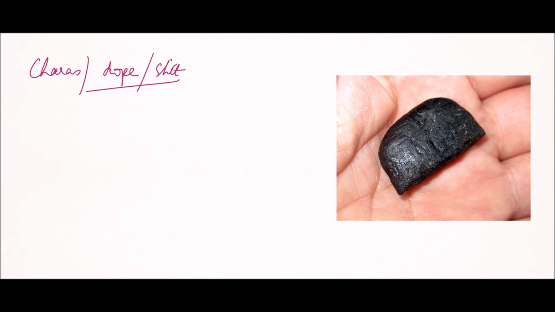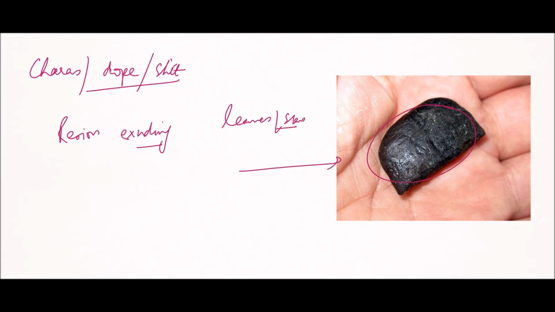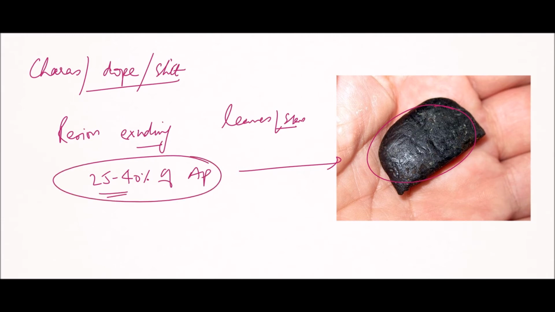This is resin exuding from the leaves and stems, and this resin contains between 25 to 40% of active principle. So depending on the preparation, there is a different percentage of active principle.